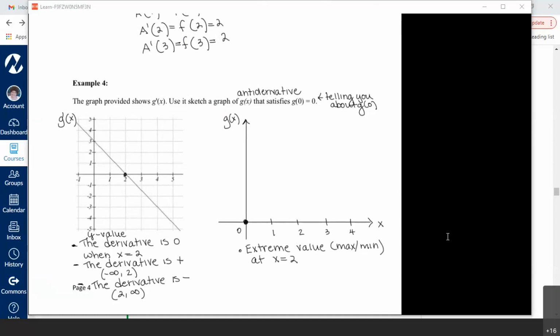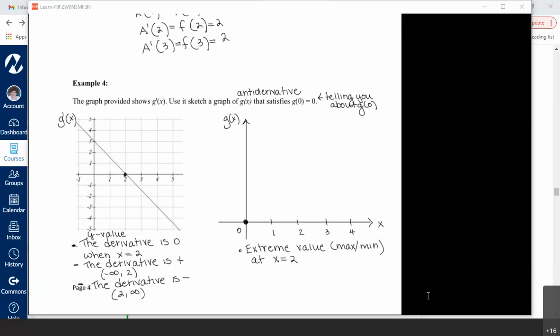How about the other 2 things about the positive derivatives on the intervals? What does a positive derivative on an interval tell you about what g of x is doing on that interval?